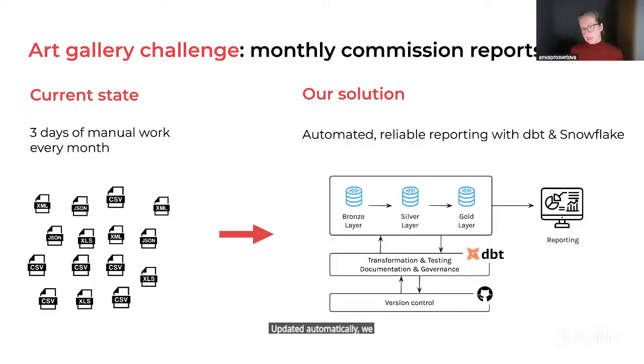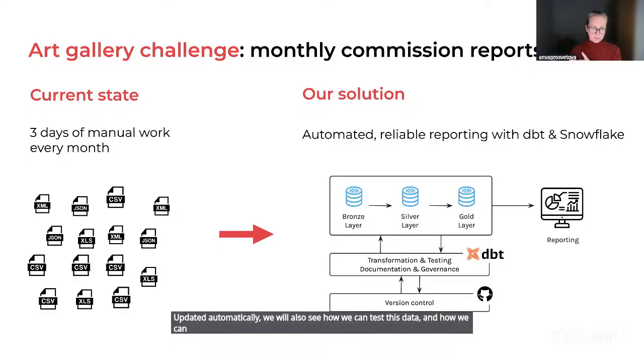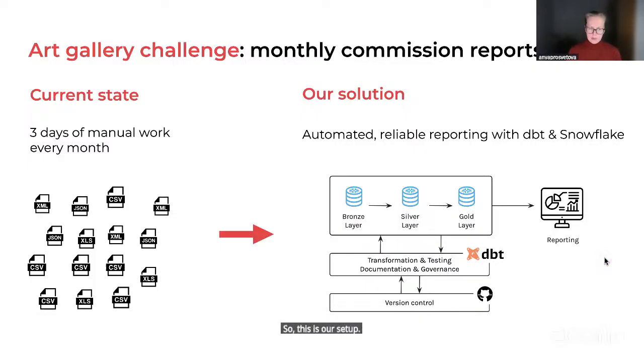We will also see how we can test this data and how we can make sure that it's all documented and ready for everyone to use. So we are going to use dbt Core and Snowflake in this workshop, and we will see how these two tools work together. So this is our setup, going from a lot of manual work to automated, reliable reporting.